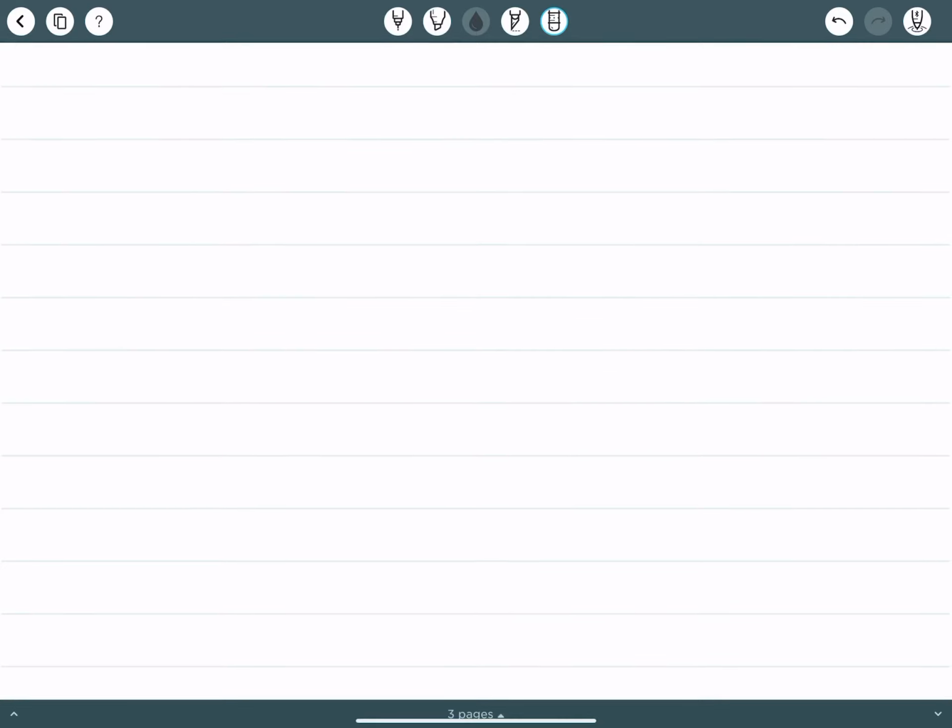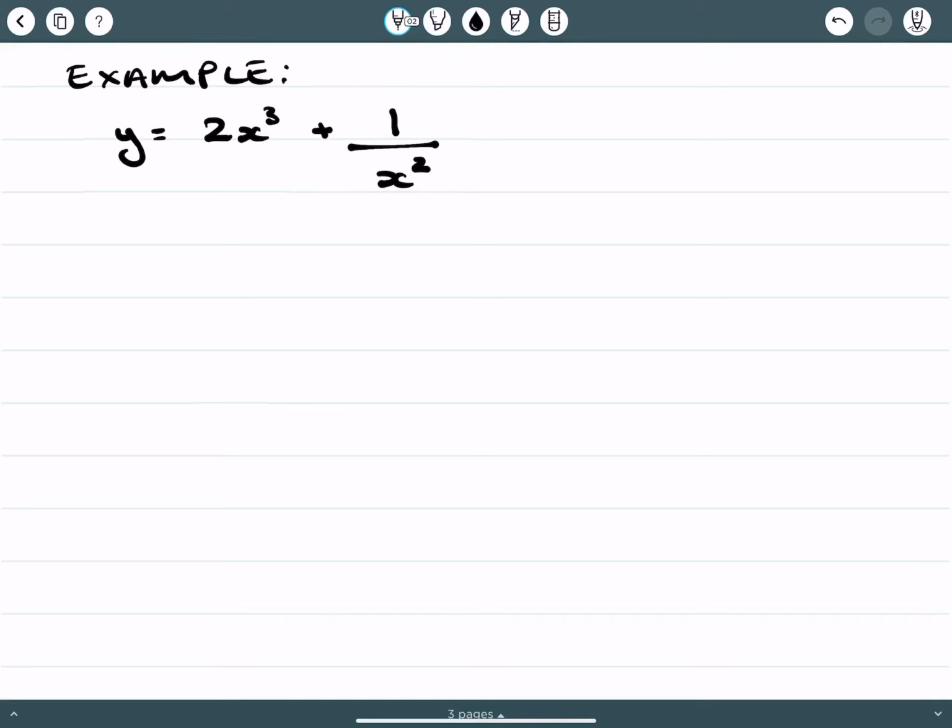The other item we want to consider is when we deal with a negative power. The same rule applies, but we need to be careful with how we do it. For example, I might have y equals 2x cubed plus 1 on x squared.